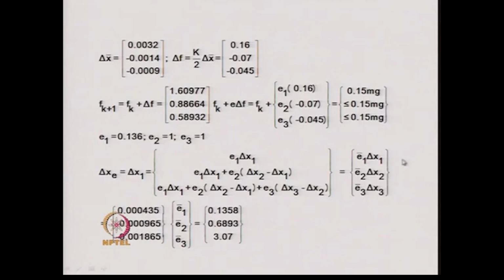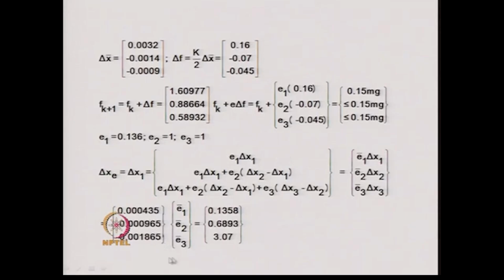That can be written as a revised scaling factor of E bar 1, E bar 2 and E bar 3 into delta x1, delta x2 and delta x3, and these can be worked out, because these quantities delta x1, delta x2 etc. are known, E1, E2 etc. are known.